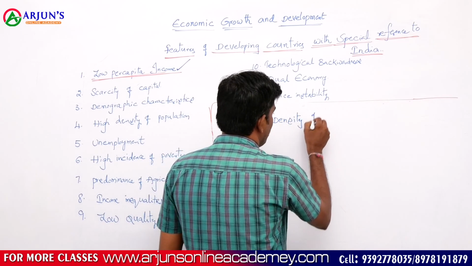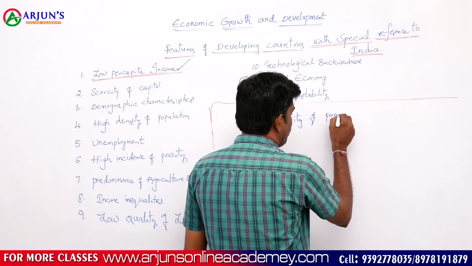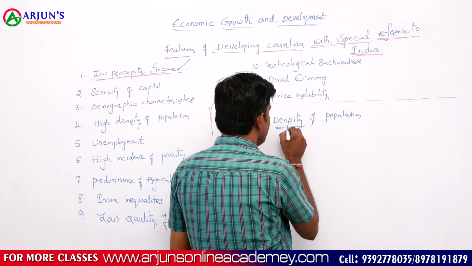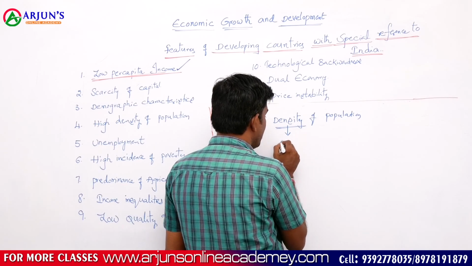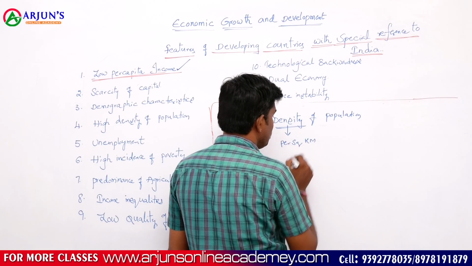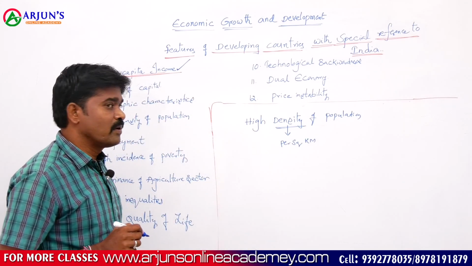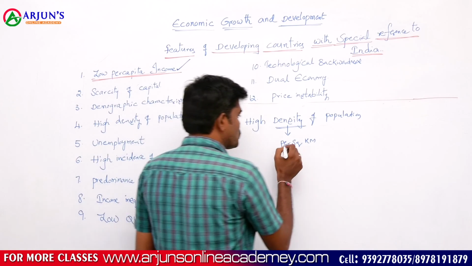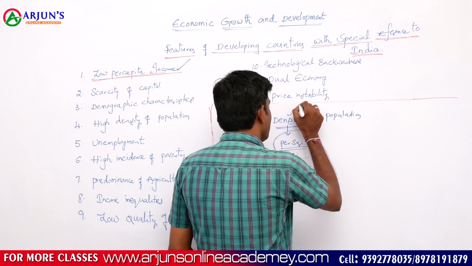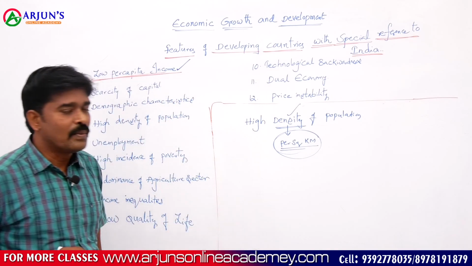Population density means the number of people living in a square kilometer area. Per square kilometer area, we call it the density of population.